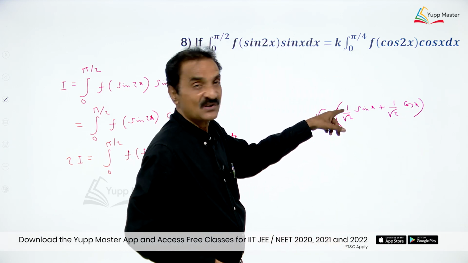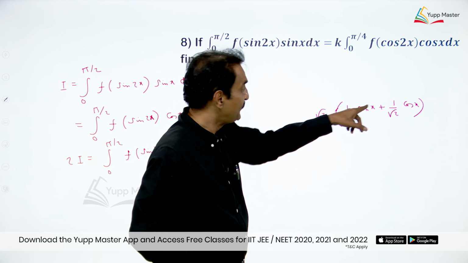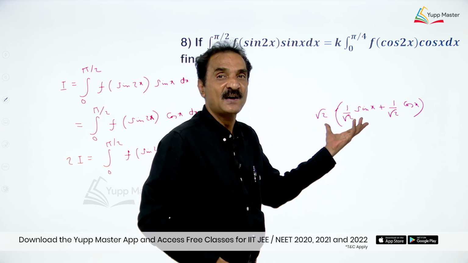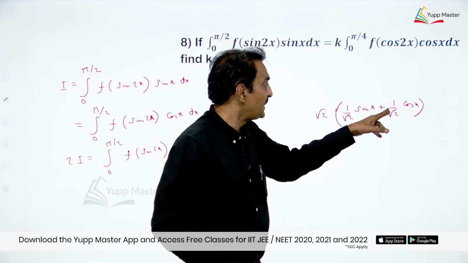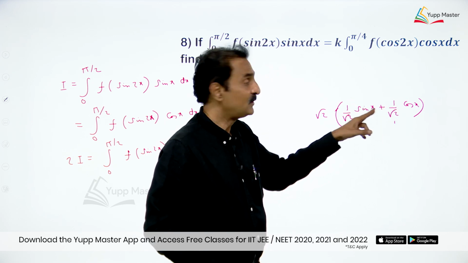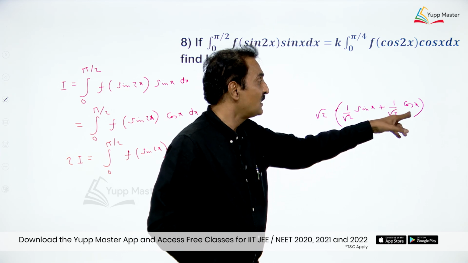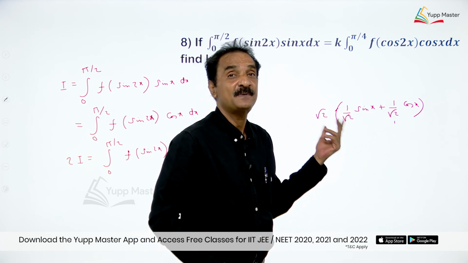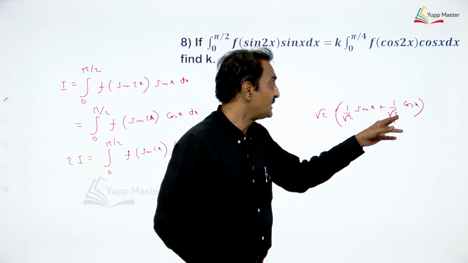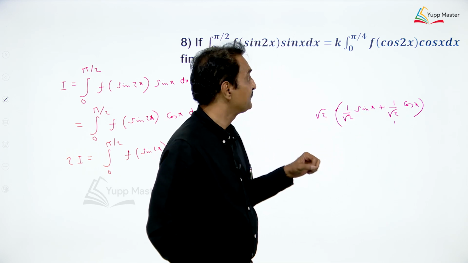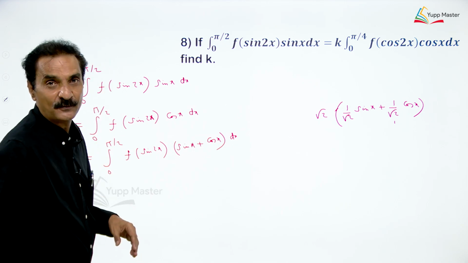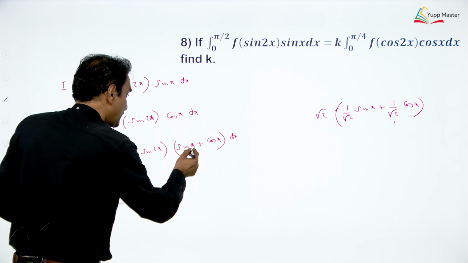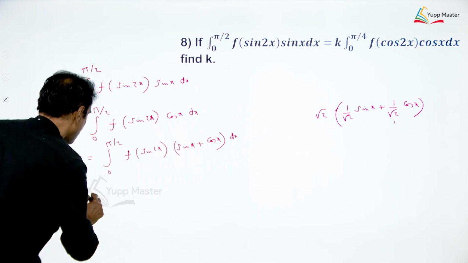If you take this 1 by root 2 as cos pi by 4, this 1 by root 2 as sin pi by 4, it becomes sin pi by 4 plus x. Or if you take this 1 by root 2 as cos pi by 4, this 1 by root 2 as sin pi by 4, cos a cos b plus sin a sin b, cos of a plus b, then you will get cos of pi by 4 plus x. Okay. Let us try the first one, sin pi by 4 plus x.